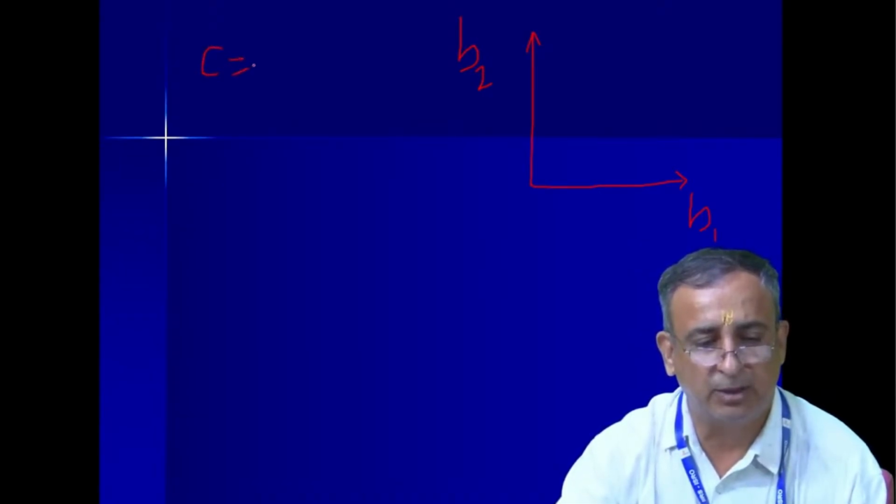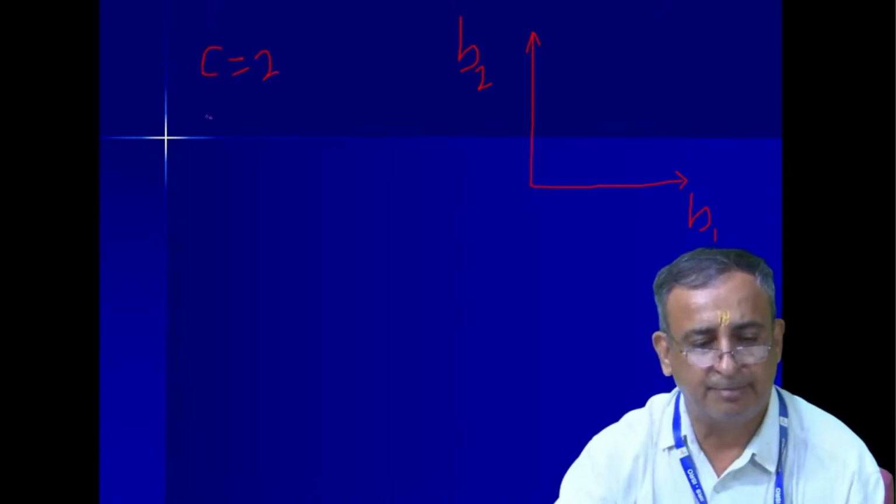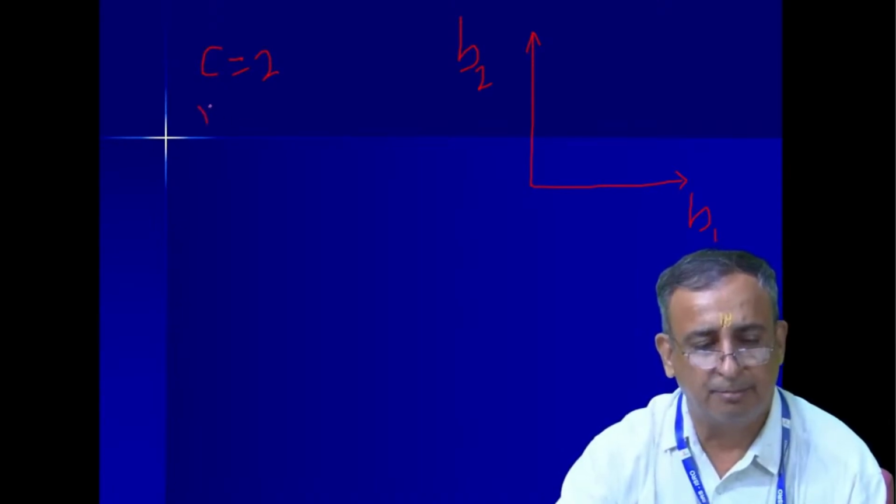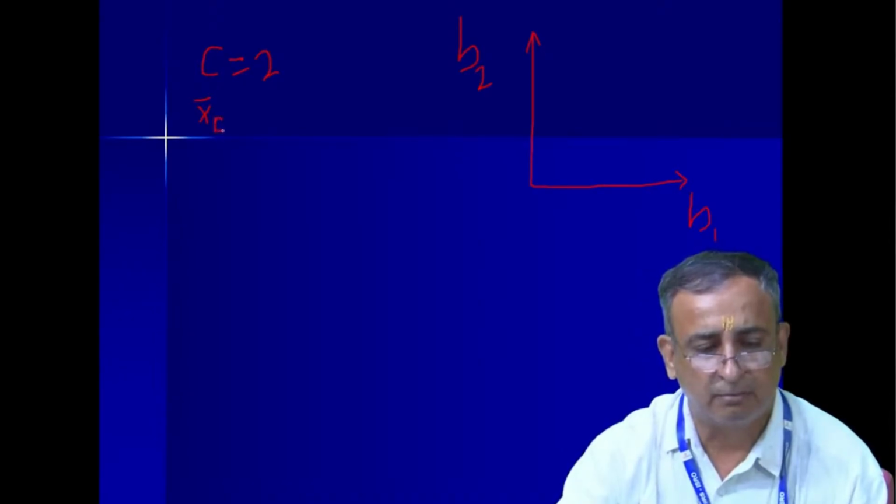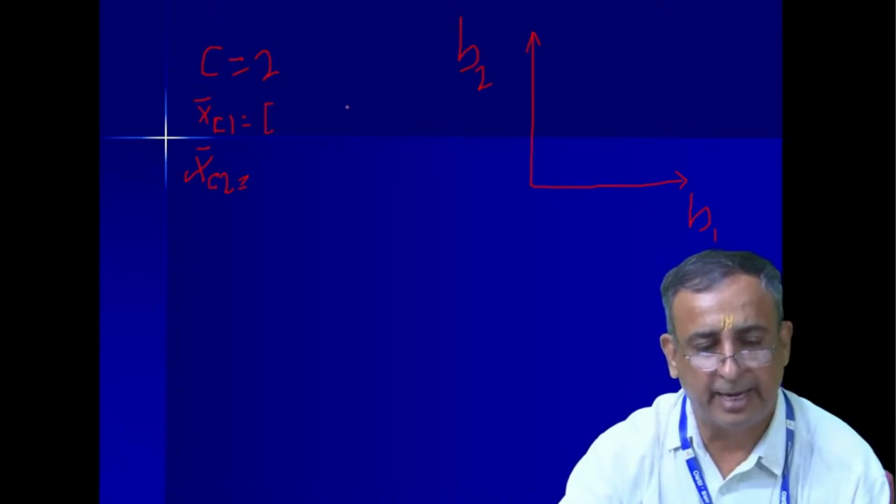Suppose C is equal to 2. That means you have to assume the mean of cluster 1, or C1, and you have to assume the mean of C2. Here the mean will be 2-dimensional because your image is 2-dimensional.